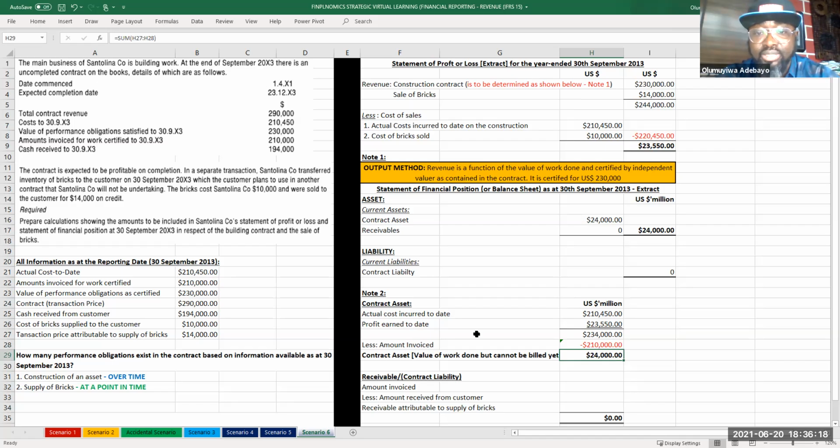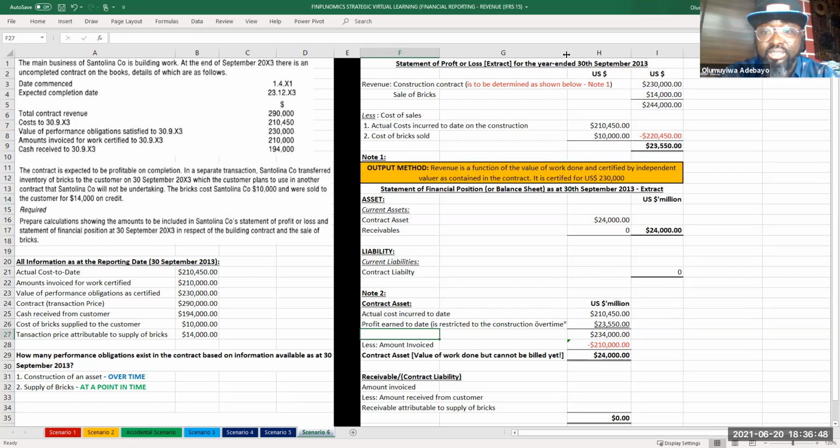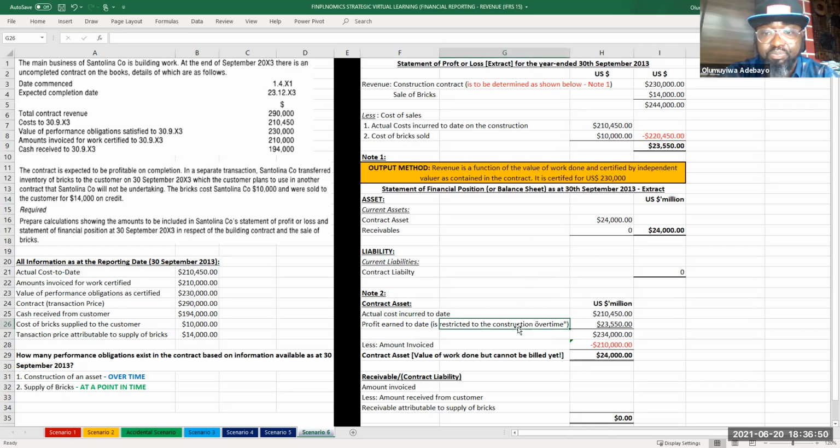Sorry, my profit to date, take note here, don't let us make a mistake. My profit to date here is restricted to the construction over time. Take notes so that we don't mix it up, because we nearly mixed it up here.